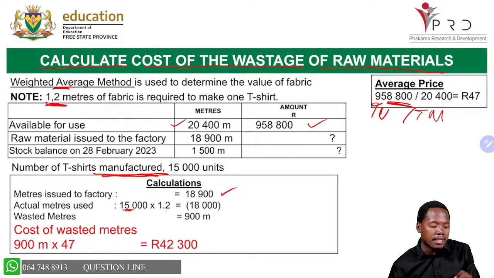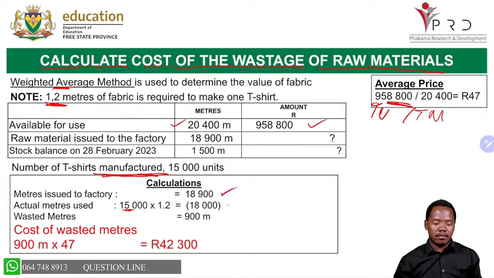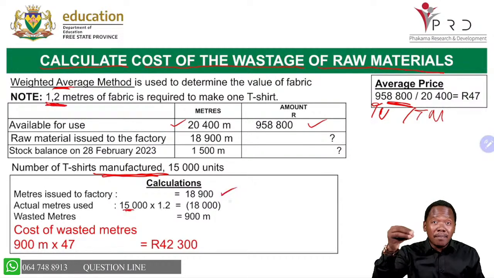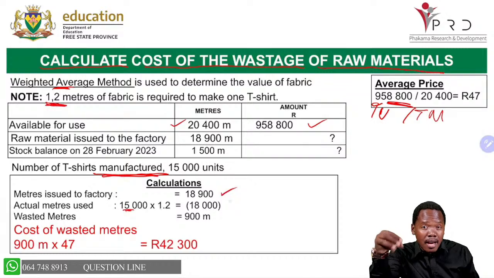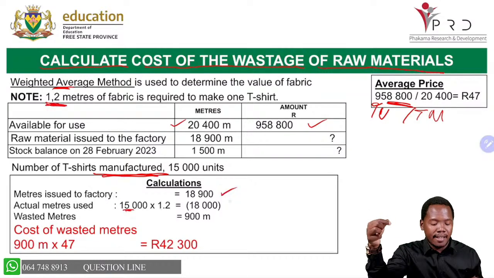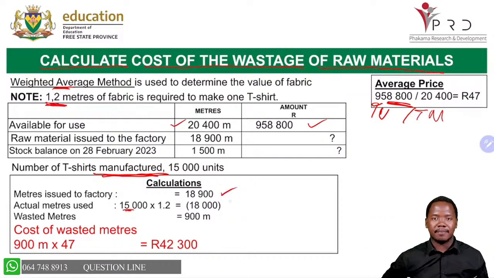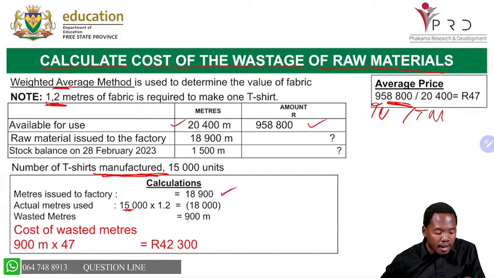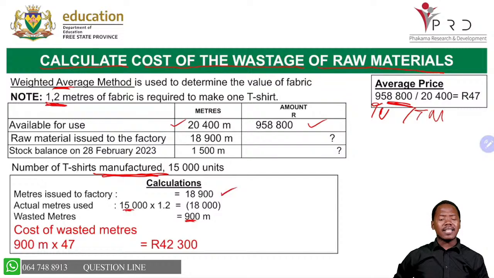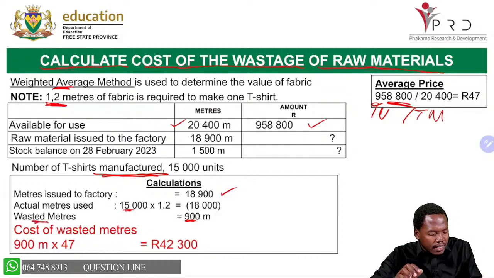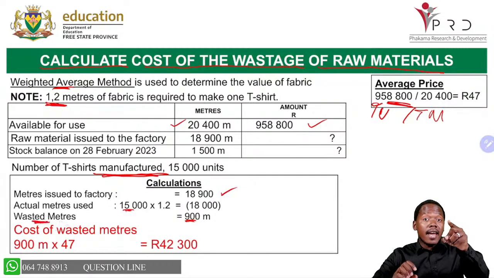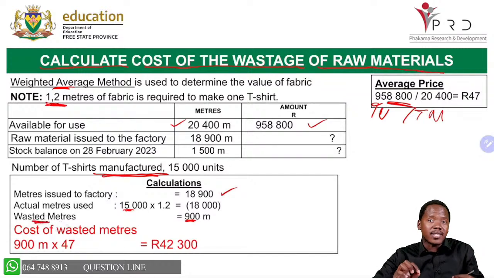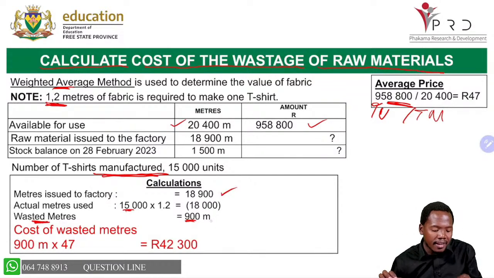So 15,000 multiplied by 1.2, then we get 18,000. Okay, so meaning the meters that we issued to the factory was 18,900, but out of that, we only used 18,000. I hope you get that right. You got that right? Now, what is the difference now? The meters wasted. Meters that we have wasted, 18,900 minus 18,000. Meters wasted would be 900.